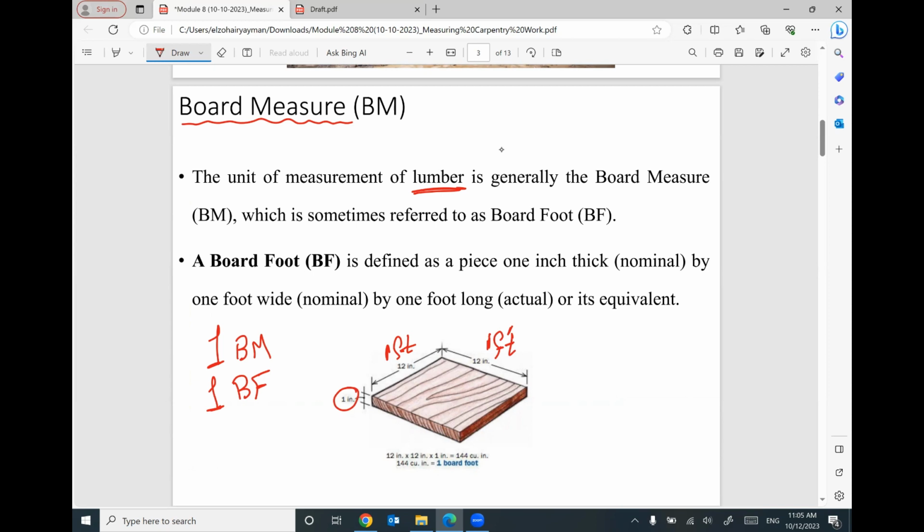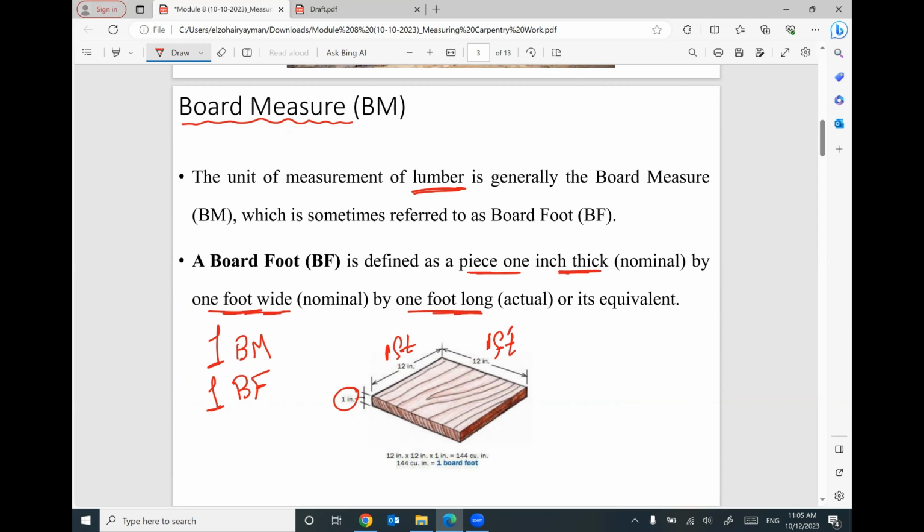This is the meaning of one board foot. It is defined as a piece of lumber 1 inch thick by 1 foot wide by 1 foot long, or its equivalent.